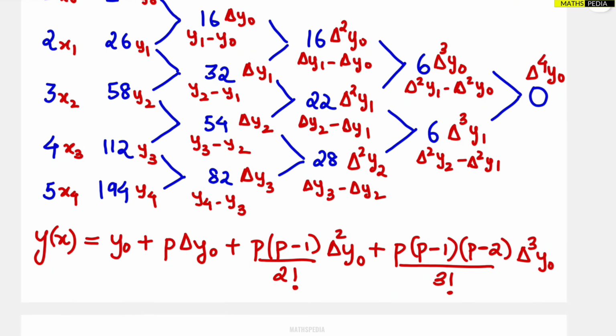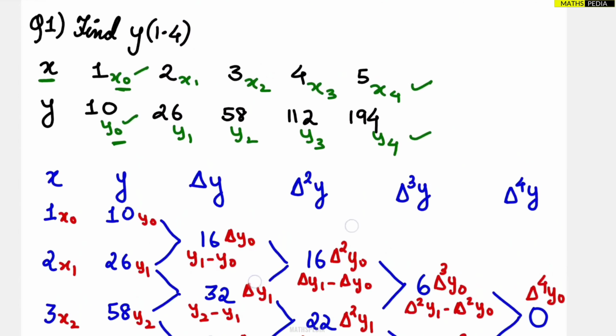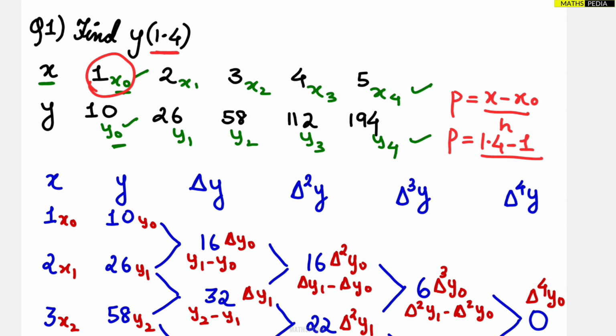Okay, so we'll start by first finding the p value. That is very important, because in the formula we have p. So what is the p value? p equals x minus x naught by h. What is x? Whatever is asked in the question. 1.4 we have to find. So write 1.4 minus x naught, the starting value of x, which is 1, divided by h, the step size of the x interval.